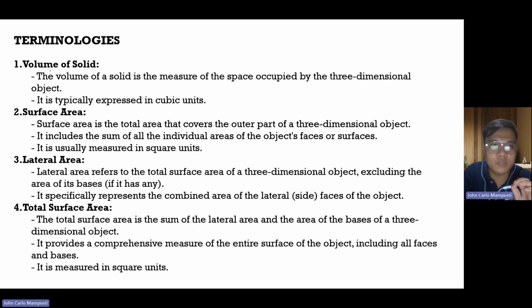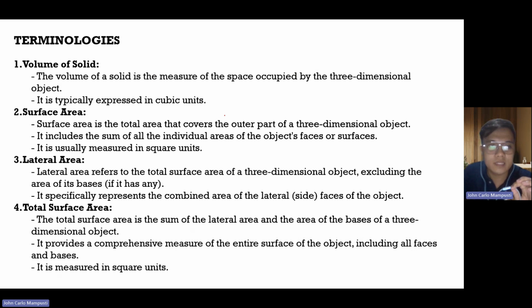Next one, we're going to familiarize ourselves with the different terms. Number one, we have the volume of the solid, or simply the volume. The volume is the measure of space occupied by the three-dimensional object. Yung unit na ginagamit natin dito is in cubic units, so maybe cubic meter, cubic centimeter, cubic millimeter, cubic inch, cubic feet, and so on.